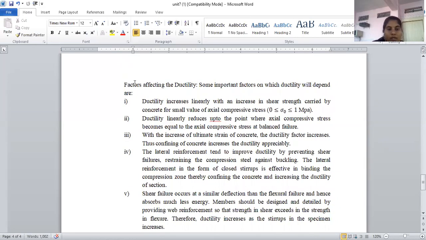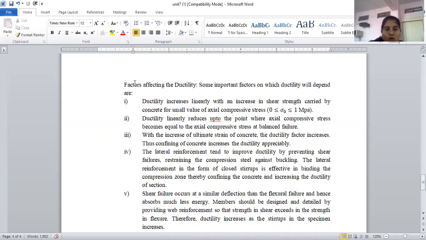Okay, last point from this unit number 7, that is the factors affecting the ductility. So we'll see some of the factors which will be affecting the ductility. The first is that ductility increases linearly with an increase in shear strength carried by concrete for small values of axial compressive stress.